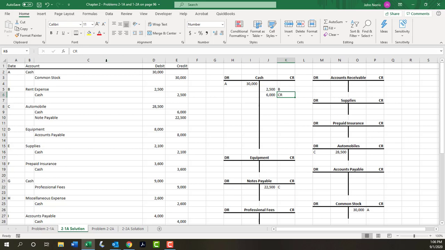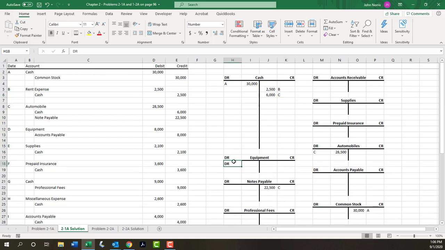My autocorrect put a CR in there thinking it was a credit. All right, D is a debit to equipment for the $8,000, and accounts payable for the on account.